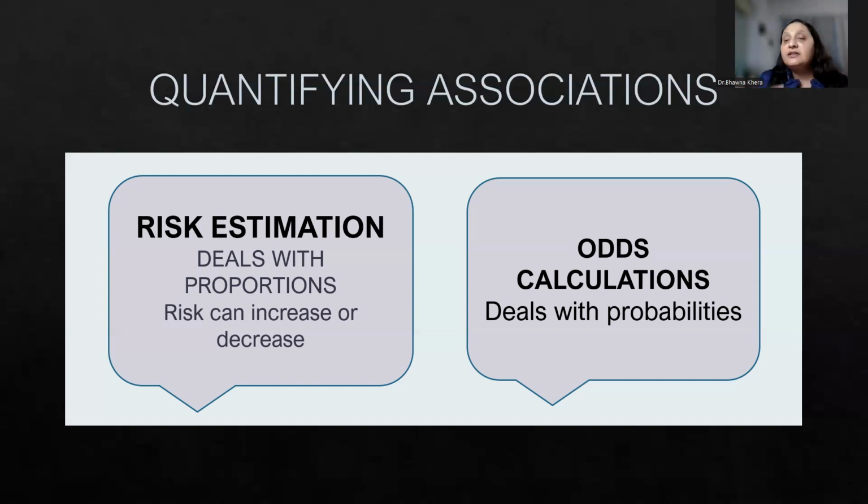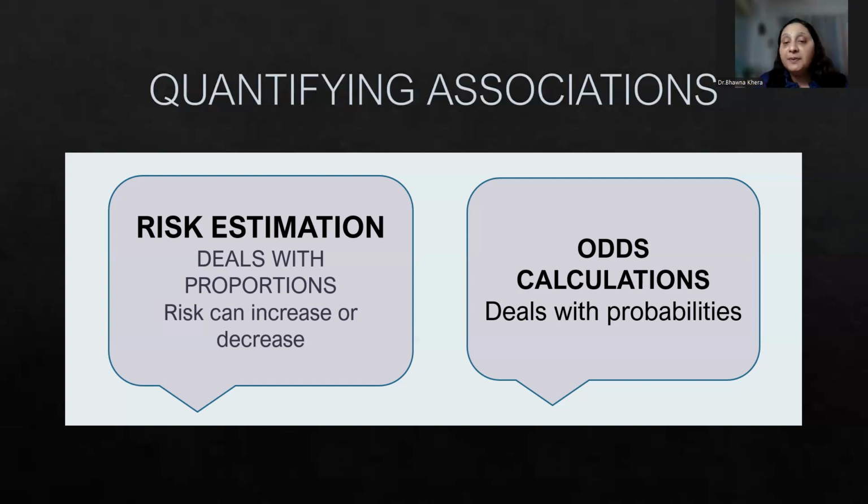Okay. In this case, we are going back. We are going retrospectively. We are starting from the disease and going back to exposure. So here we cannot calculate risk because we are not going from exposure to outcome. So how can we calculate risk in this? The answer is odds calculations. Odds calculation deals with probabilities.